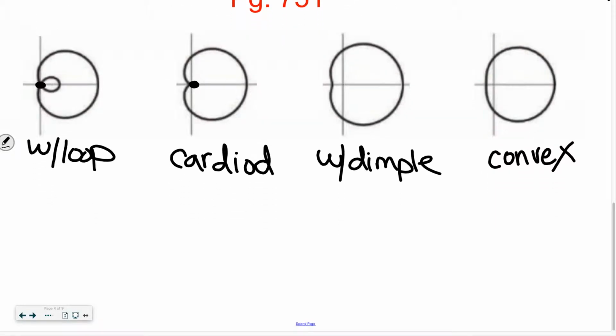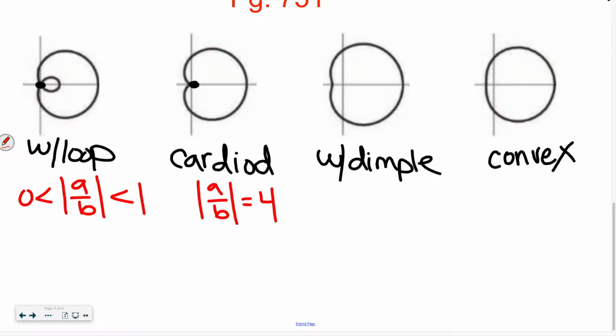Okay, so when is the limacon each of these shapes? It depends, remember, on the ratio of the absolute value of A over B. If the absolute value of A over B is less than 1, you're going to get a loop. Because we're talking absolute value, that also means it has to be greater than 0. We don't have to worry about negative ratios. If the absolute value of A over B equals 1, it is a cardioid. So it'll come in, touch the pole, move out.